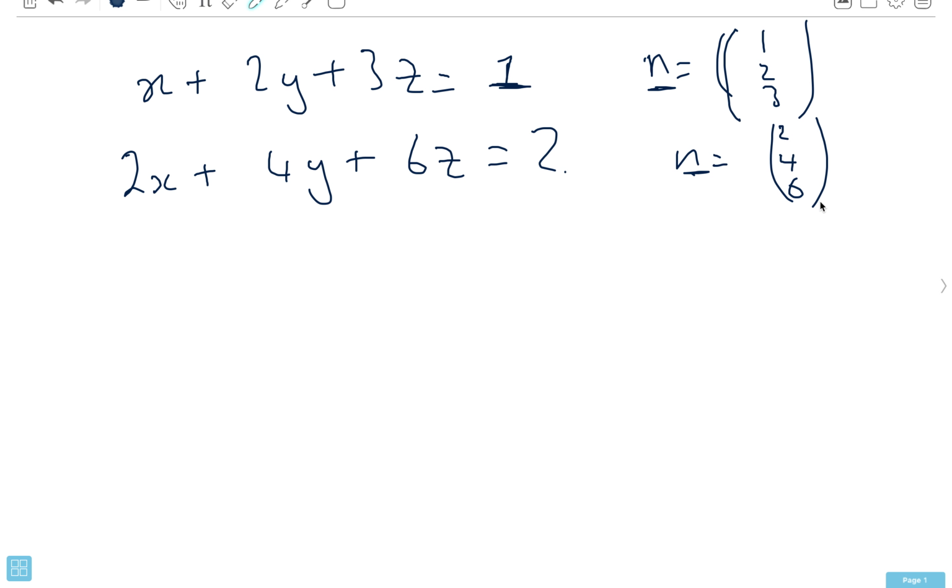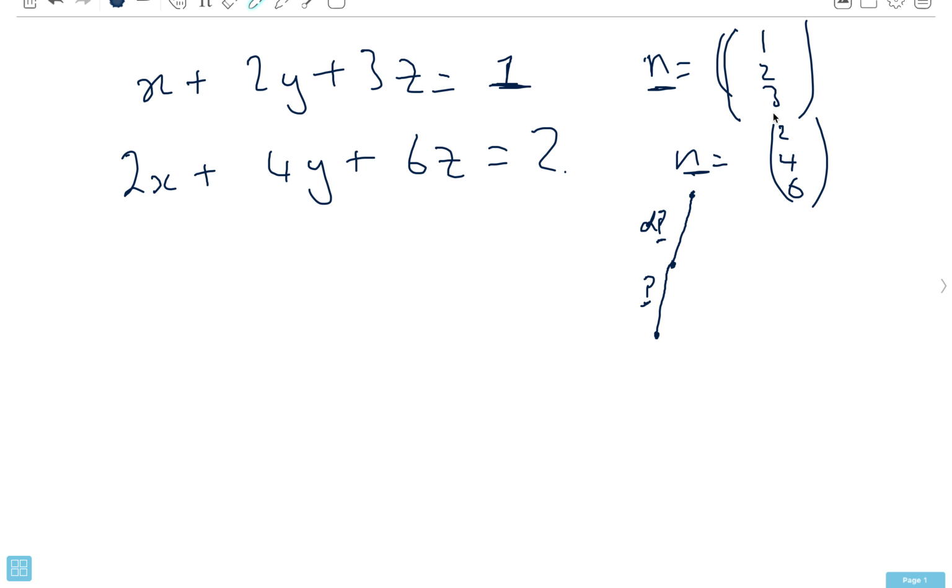So the two normal vectors are parallel, and if you remember from the misconception video, this means that one vector might look like this, and the other vector will be there.